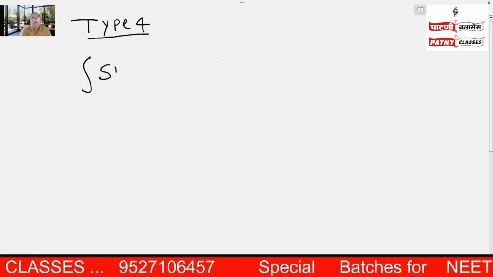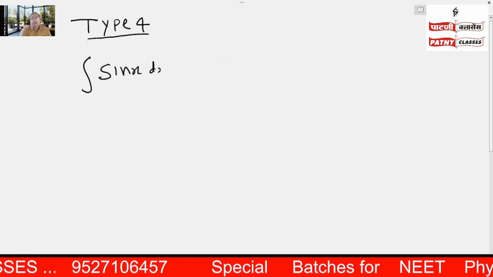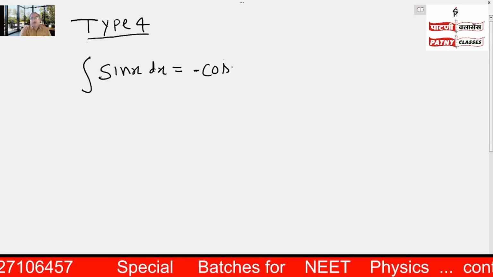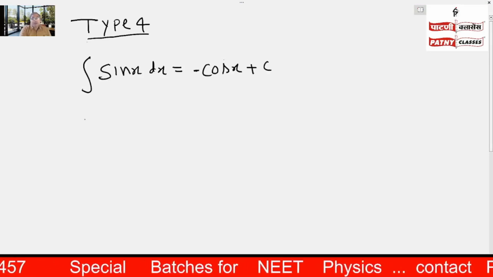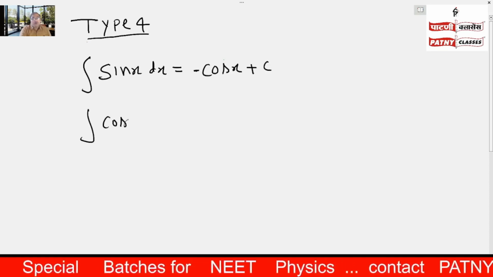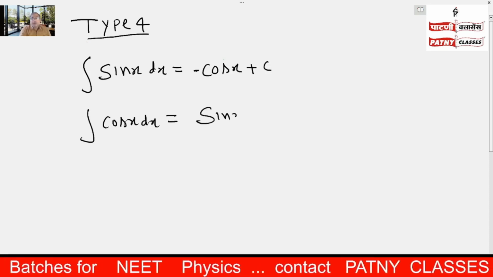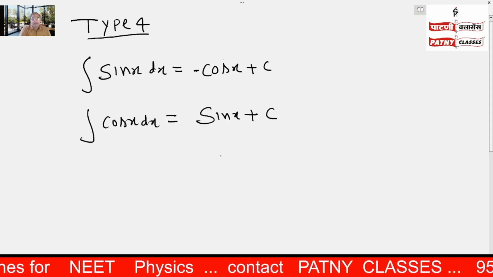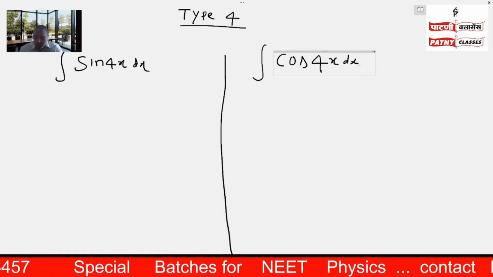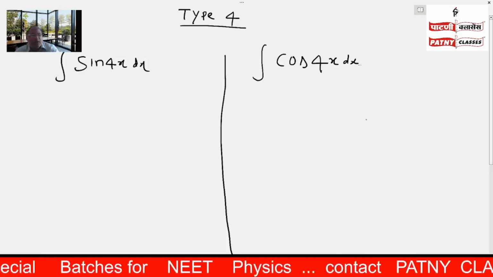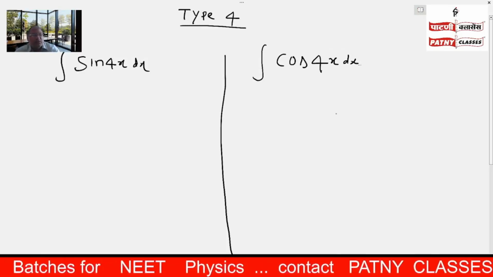Integration of sin x with respect to x equals to minus cos x plus c, and integration of cos x with respect to x equals to sin x plus c. Now we will consider integration of sin 4x with respect to x, cos 4x with respect to x.